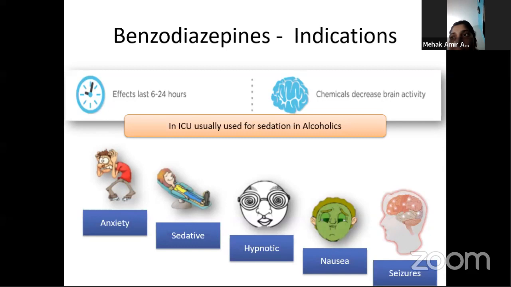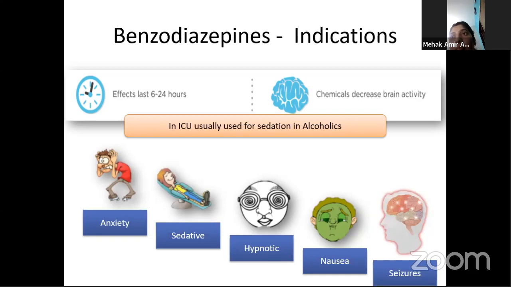There are patients in our setting who will not tell you that they are using alcohol or doing substance abuse. The benzodiazepine effects last a long time, and they achieve these effects by decreasing the activity. It can be given in seizures, when the patient has a history of seizures, as a hypnotic, as a sedative for procedural sedation, and for anxiety in alcoholic patients.